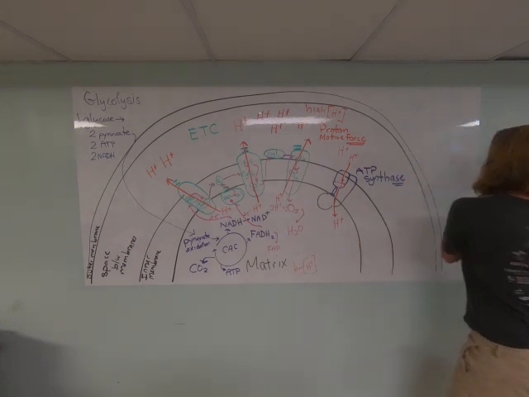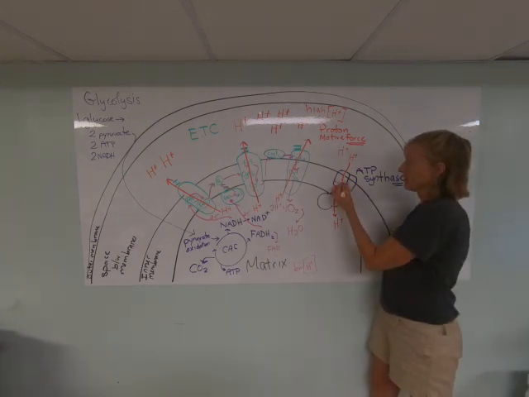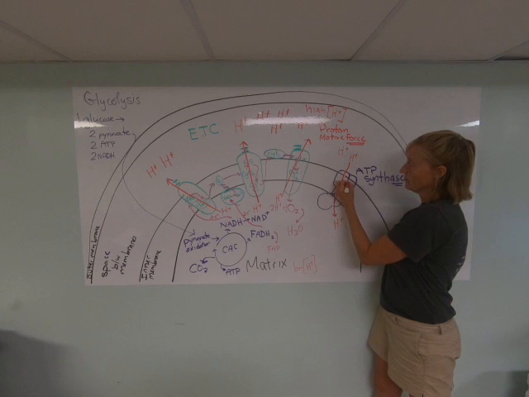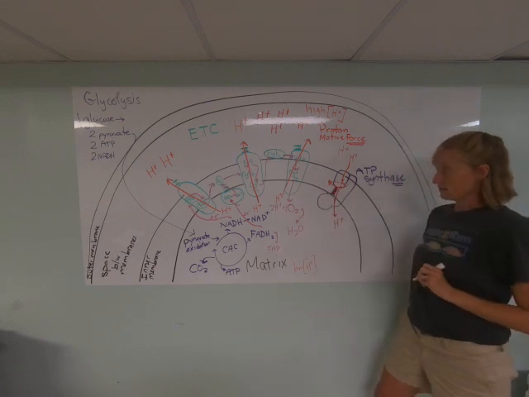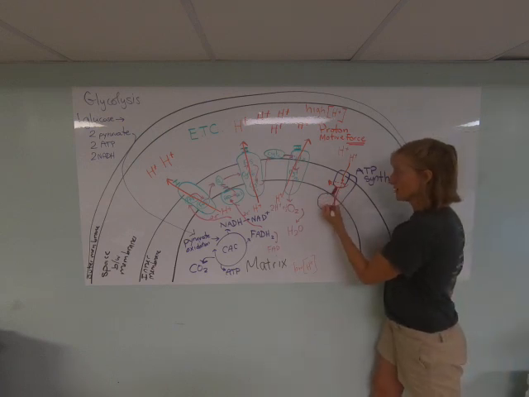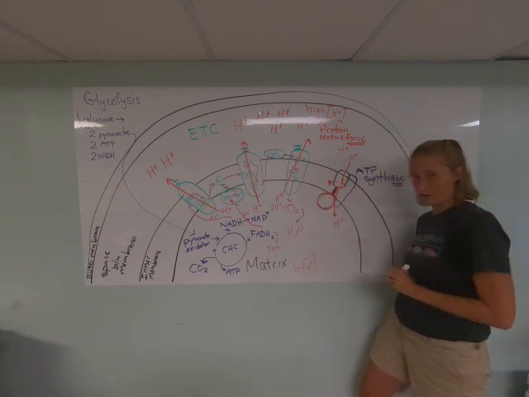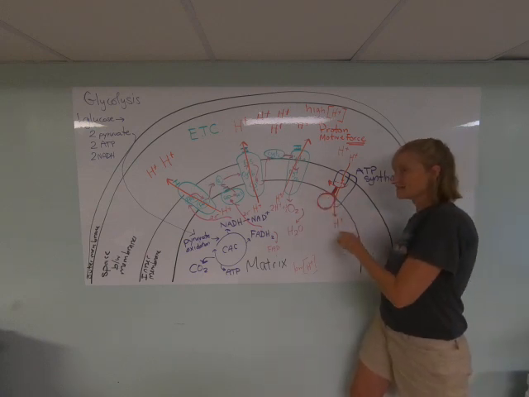It triggers this rotor part of the molecule to twist, and that causes a twist in the molecule, and that leads to a shape change in the catalytic center of the molecule, making this enzyme functional.